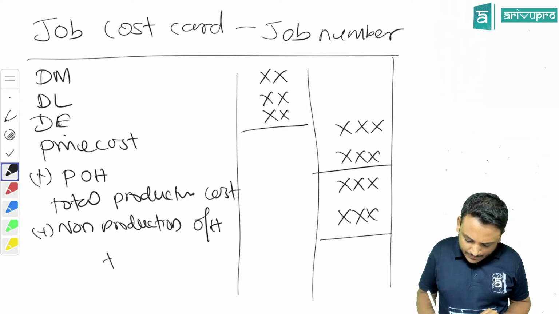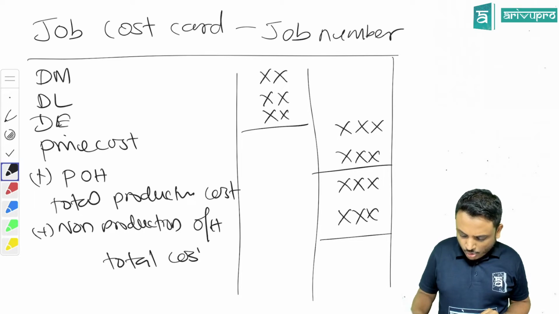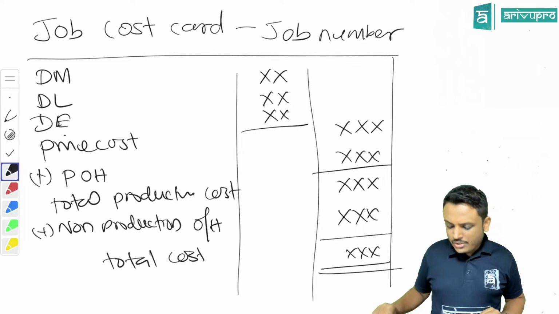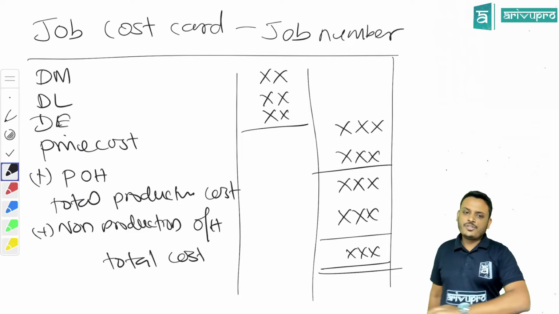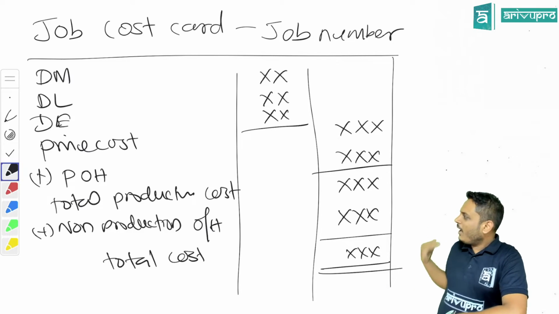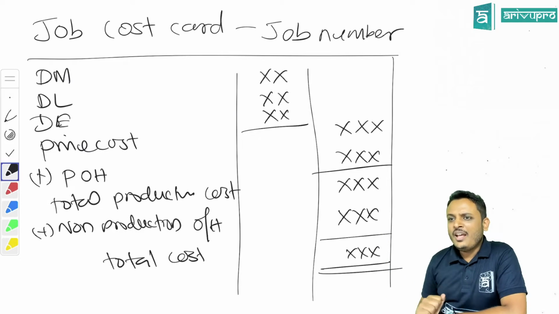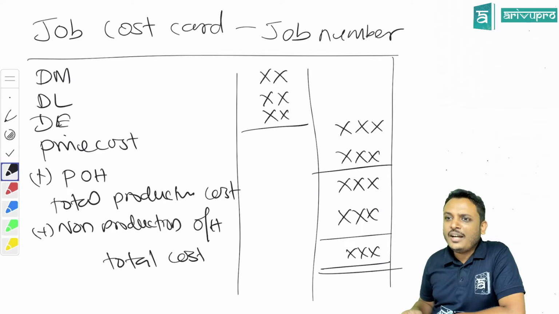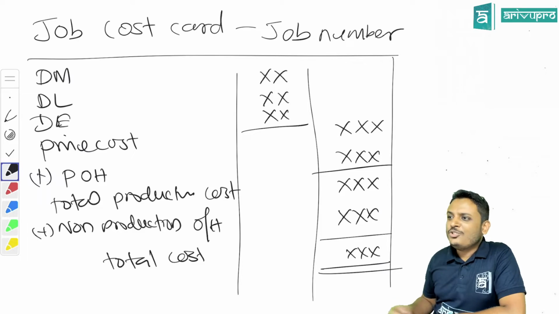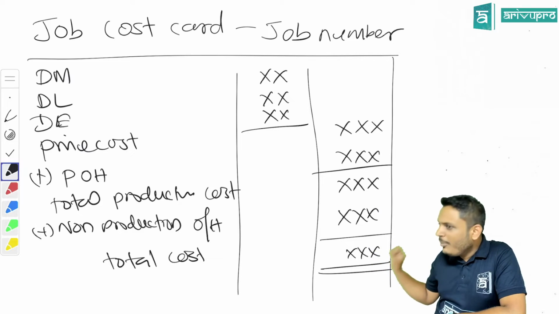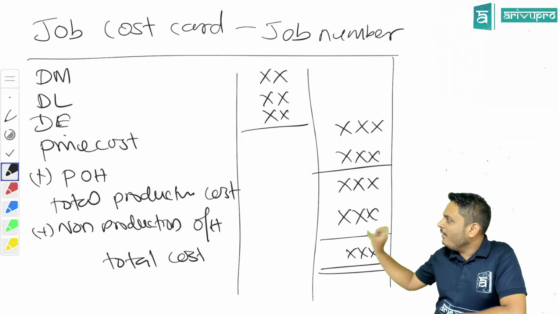Then I end up with what? Total cost. So this is what we call a job cost card. It's a cost card, but how does it differ from the normal cost card? Job cost card has a job number. For a specific job, we prepare this.